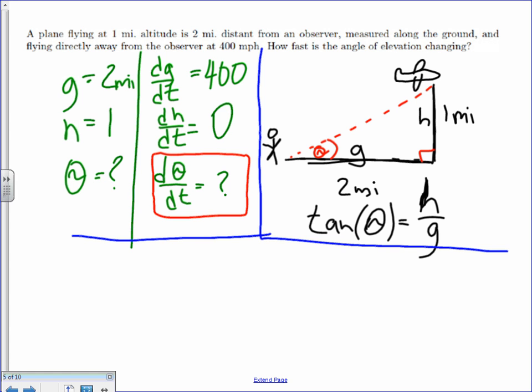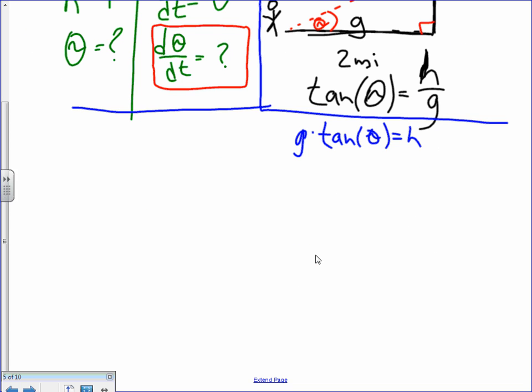Okay, so I've got this formula. Before I take the derivative, I don't like quotient rule, so I'm going to multiply the g over. G tangent of theta equals h. And now I'm going to take the derivative, so I've got to use product rule here. I'm going to just scroll down. So this is g times derivative of tangent, secant squared theta d theta dt.